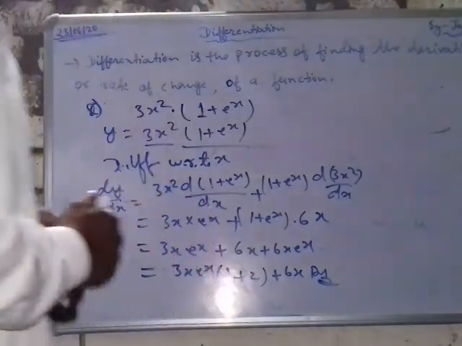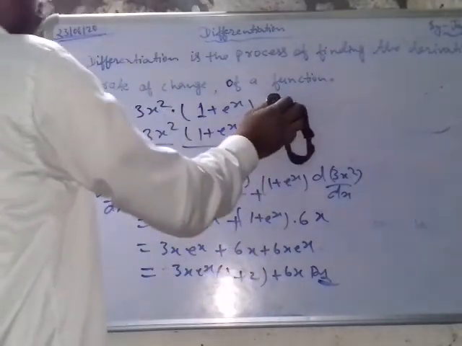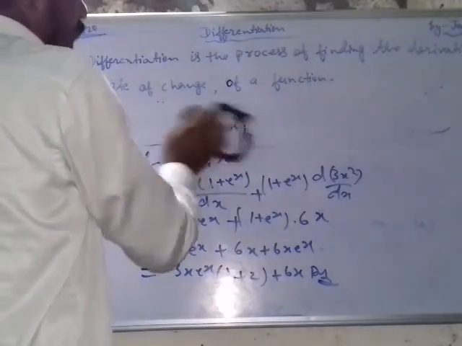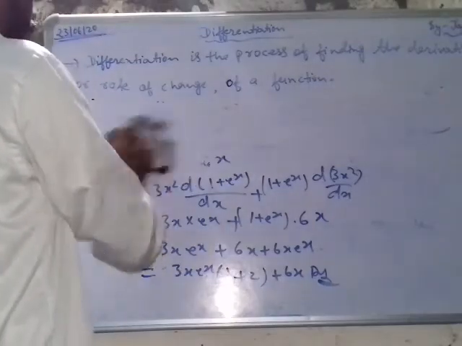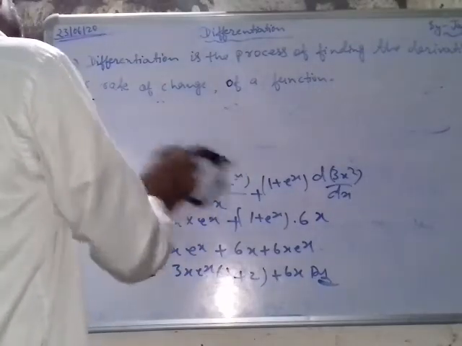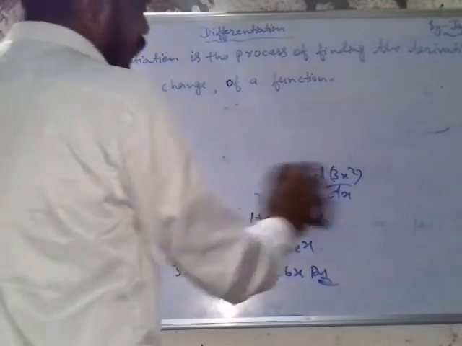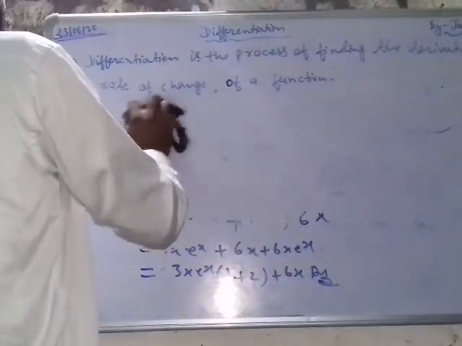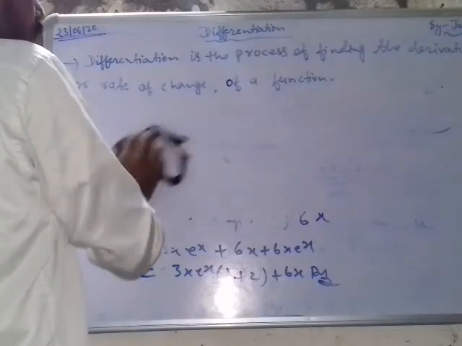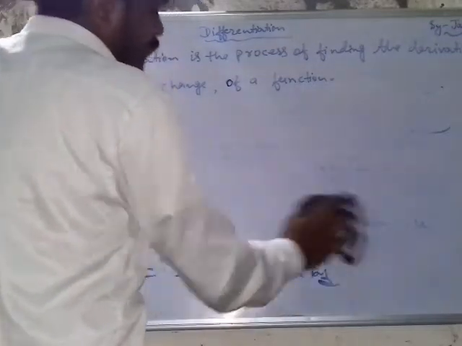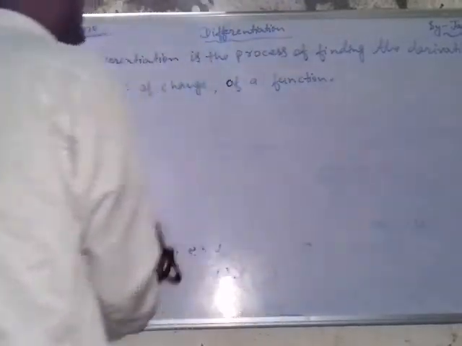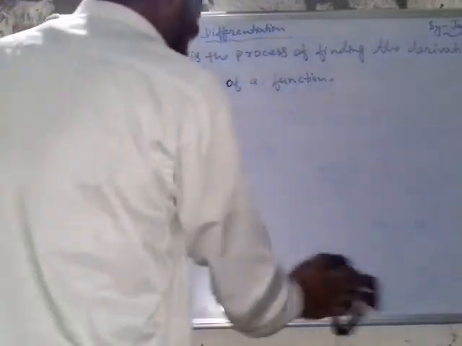If we take a fractional function, if we differentiate a function in the form of u by v, then what is the formula for differentiation of the function in the form of u by v?